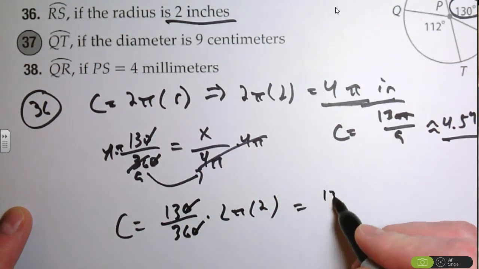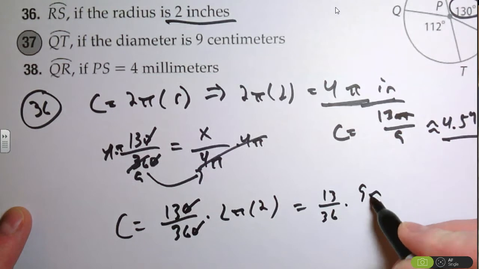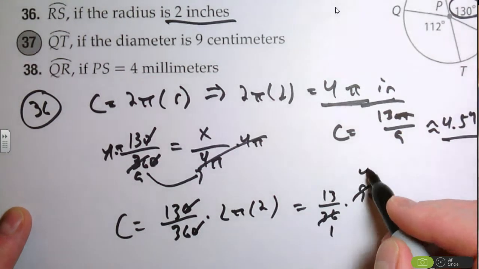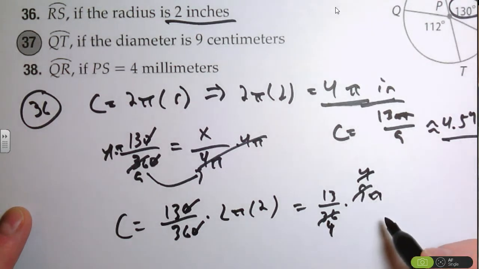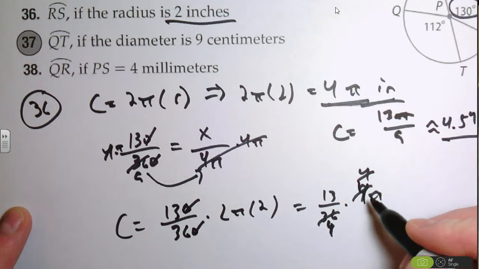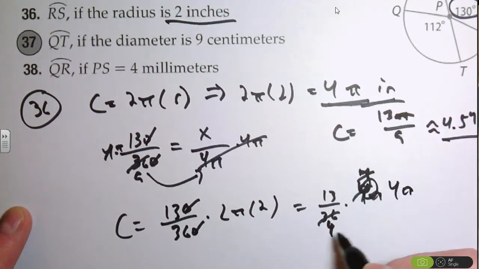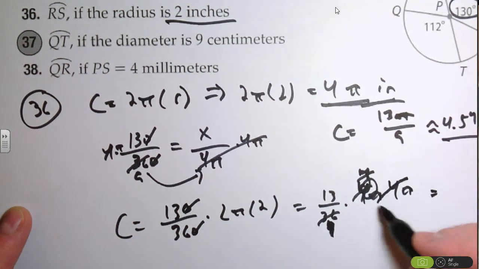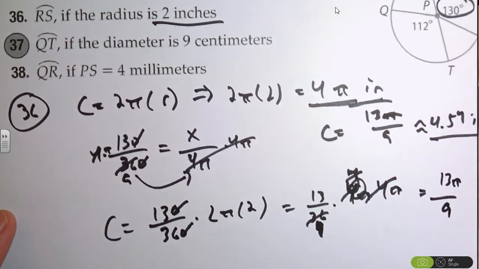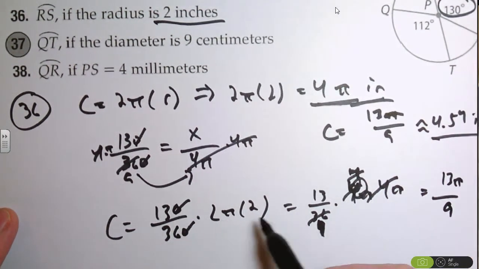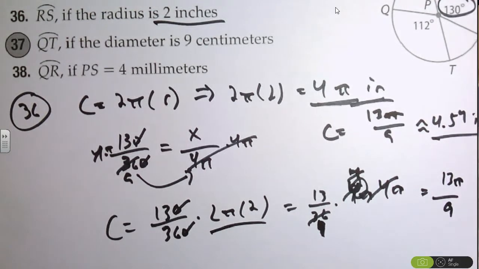That ends up getting you 13 over 36 times 4 pi. 4 goes down here, and this becomes 9. There we go. So that cancels off, and you get 13 pi over 9 again. So you could still do the angle over 360 times the circumference. All right.